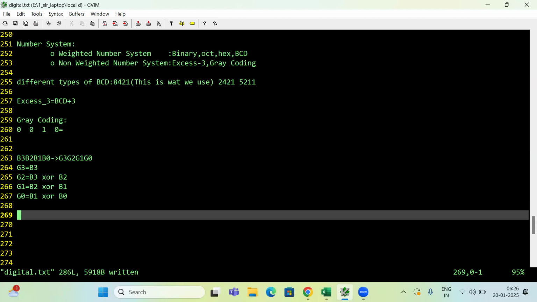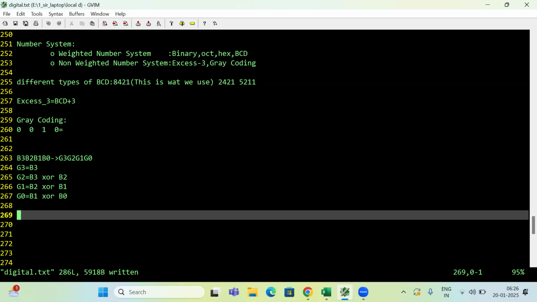Your normal decimal 7, what is your gray value? Snake, you remember the snake? Count the value and tell me. 7. You travel on the dabba, no? Snake symbol you don't know. 0, 1, 2, 3, 4, 5, 6, 7.